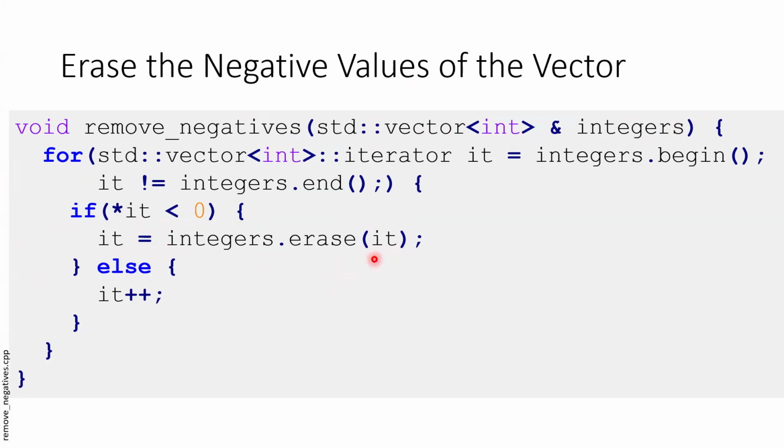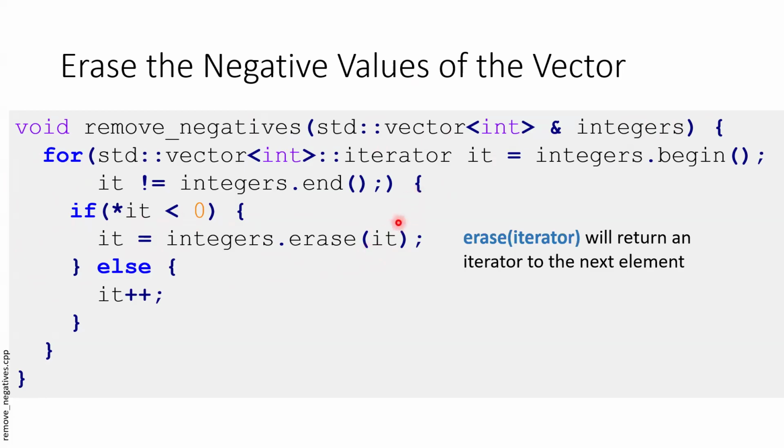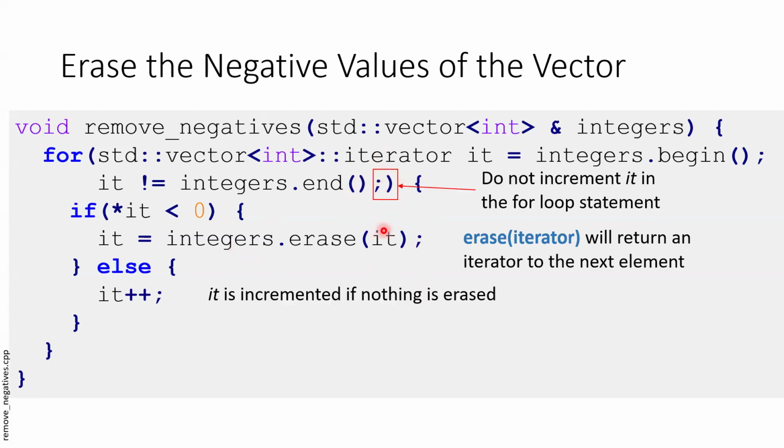What the erase function does is that it erases the element pointed to by the iterator, and it will return an iterator to the next element. So in this case, we can't increment IT here. We have to increment only when it's not erased, because erase will point to the next element.